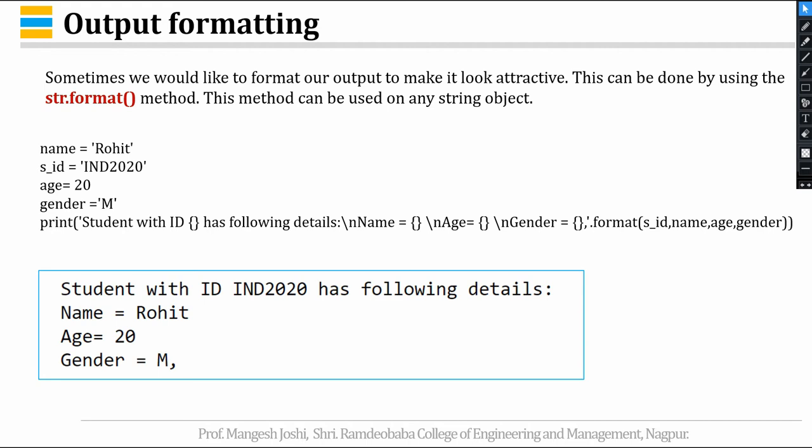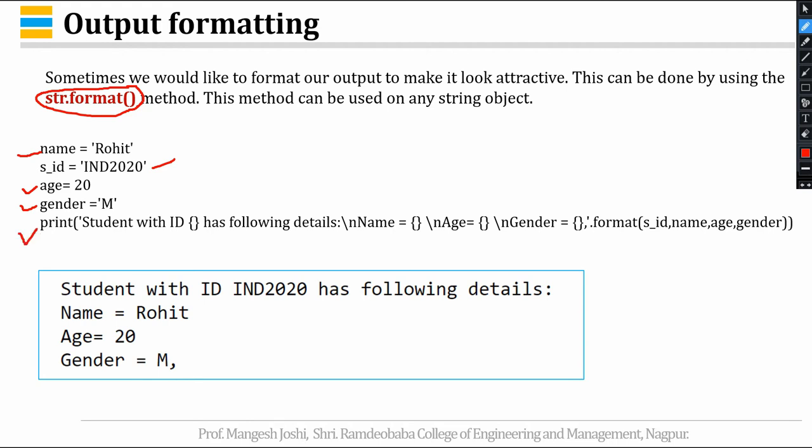So for example, I am writing a code: name is equal to Rohit, which is a string, then student ID or SID is equal to IND2020, age, which is an integer, equal to 20, and gender, which is a string, that is M. So suppose you want to display this in a neat format, so you can use the format function by using a dot operator. Now how to execute this?